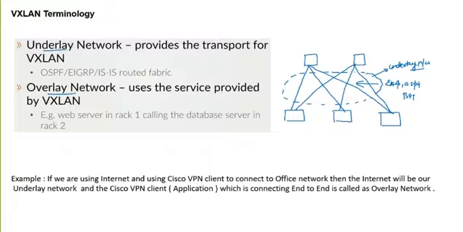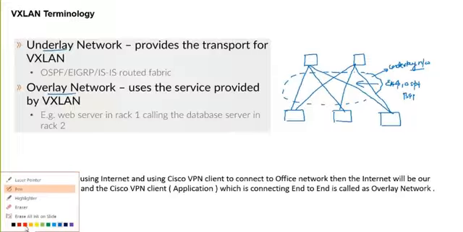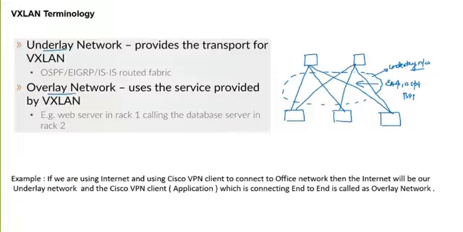Now, once the underlay network is ready, we configure a VXLAN over it. So what happens, a logical VXLAN tunnel is created, a point-to-point tunnel, like this. Suppose this will be your tunnel, right?